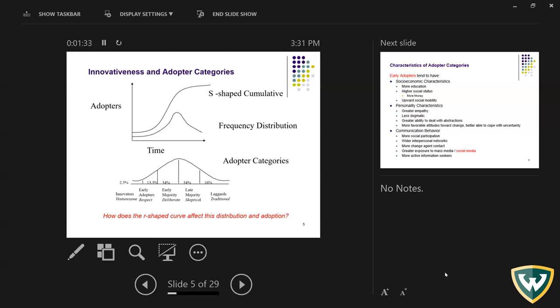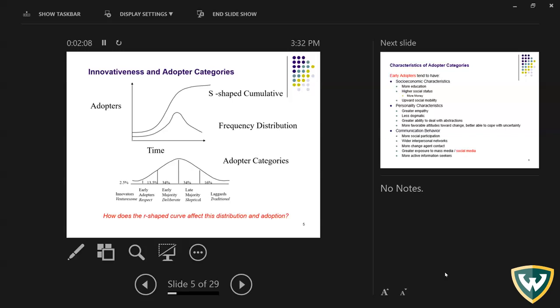We just broke the early half into two distinctively different groups. And for good reason, because there's a significant difference between the innovators and the early adopters. If we're going to use these categories effectively in some sort of mechanism like marketing, then we need to be able to leverage the credibility in those early adopters where we don't have the credibility in those innovators. The innovators, Rogers says, are more the gatekeepers.